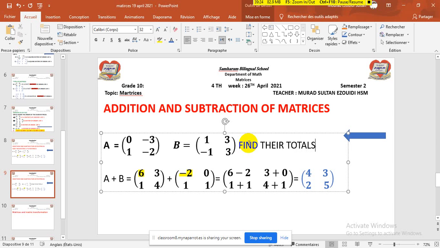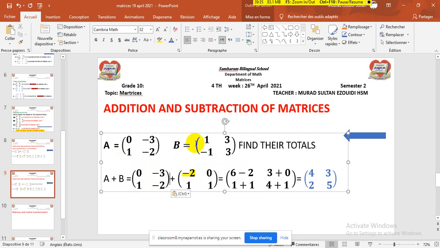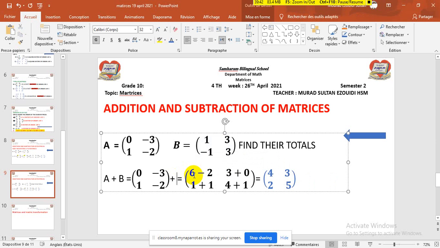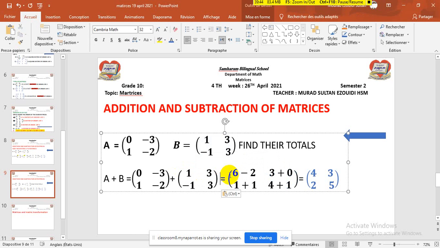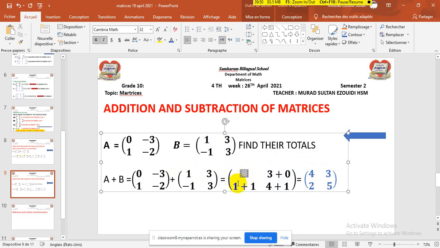Okay, this is the question. Instead of writing this, I will put this here to simplify the work for you. Then I will move to the second one, matrix B. Then you will continue yourself, and each one should tell me the answer.